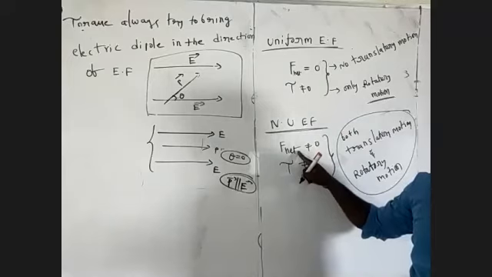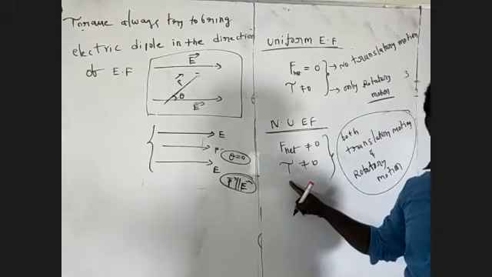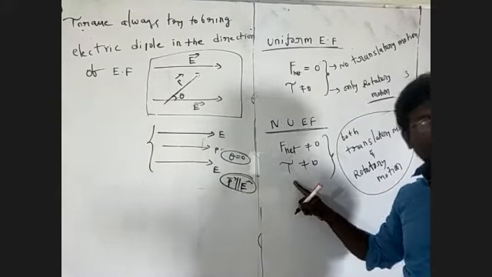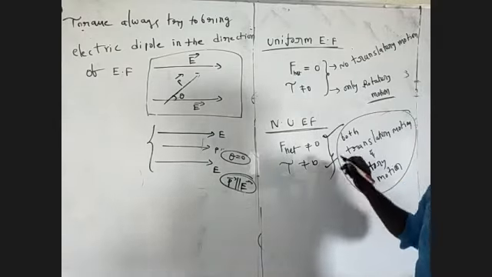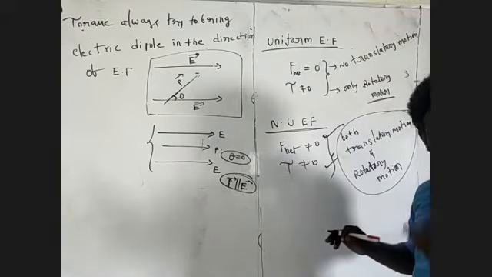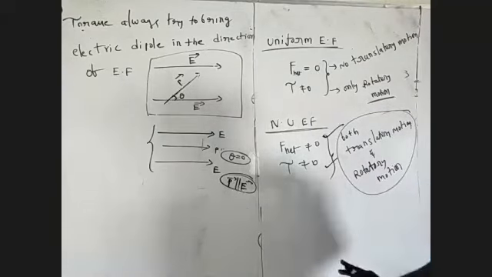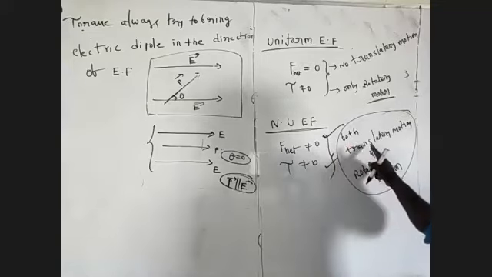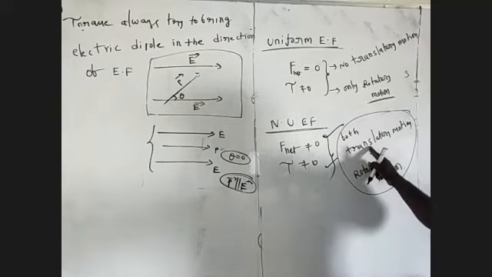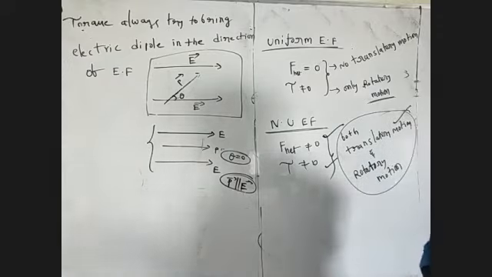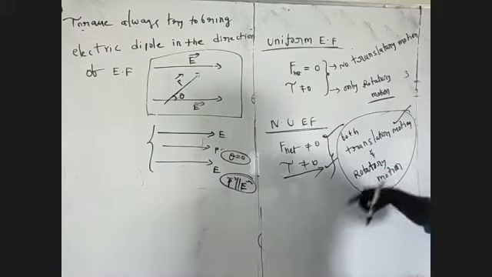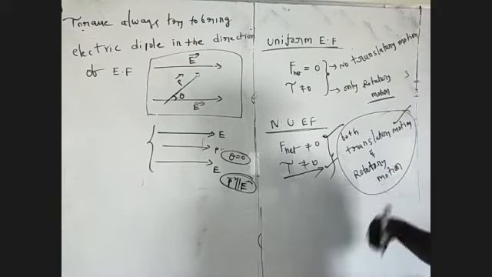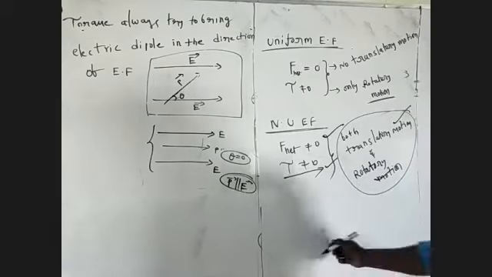Force is acting on the dipole and torque is acting on the dipole also. Force means the dipole moves along a straight line, which is translatory motion. And torque not equal to 0 means the dipole rotates clockwise or maybe anti-clockwise.